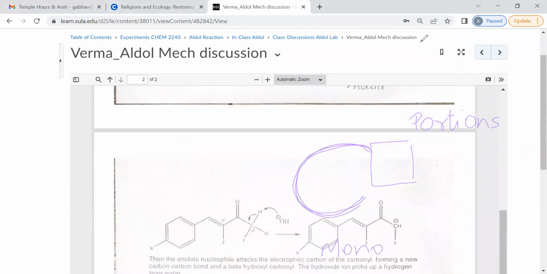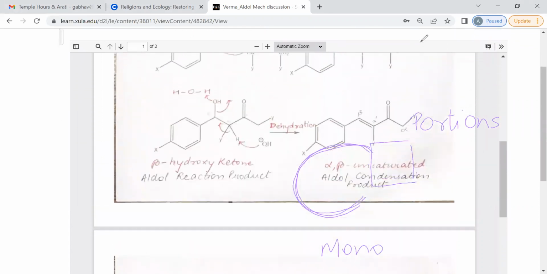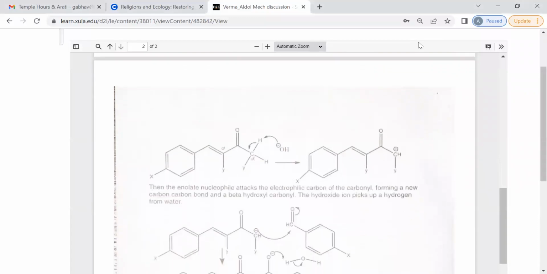So you will get a mixture of the products instead of getting just the di substituted product, which we eventually desire. And so once one side has been substituted, we will go and abstract the other alpha carbon hydrogens also. You will generate your nucleophile.